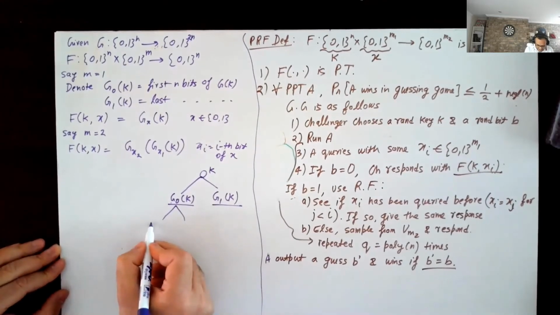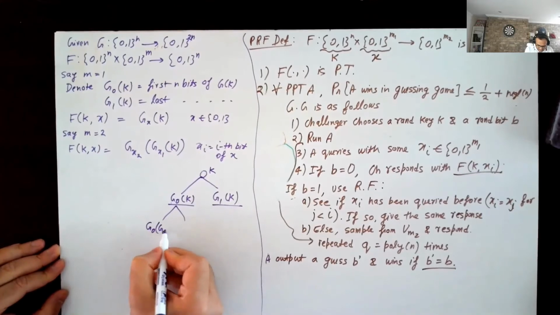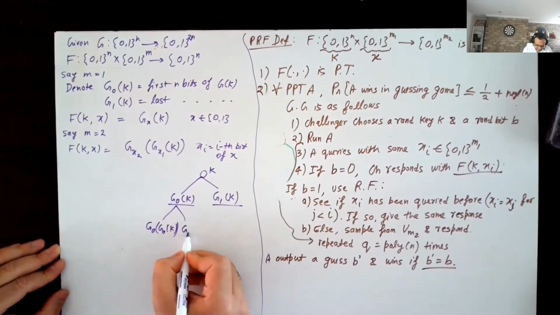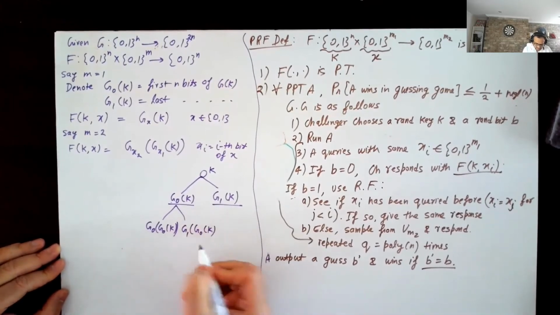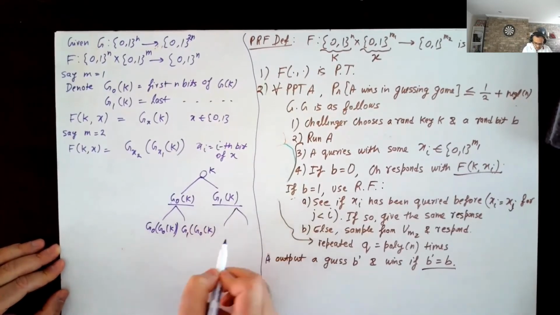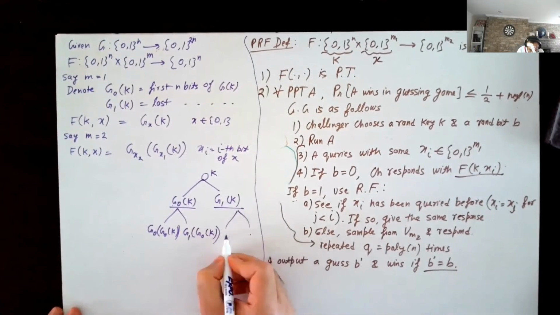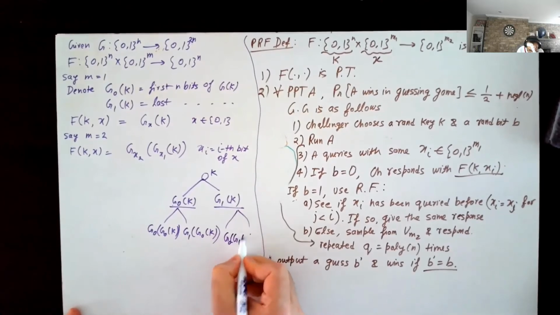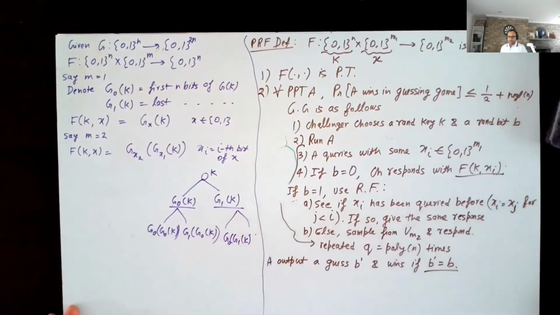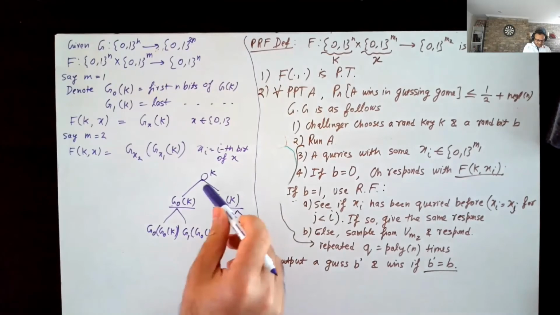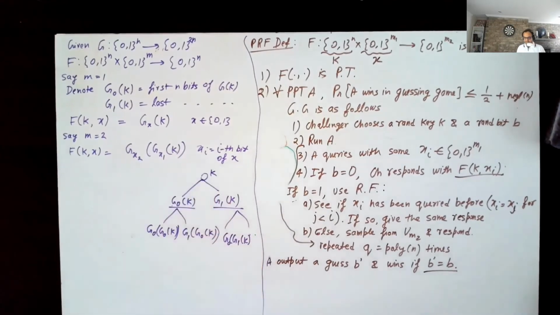So this is G0 of G0 K, this is G1 of G0 K, and then similarly here, this will be G0 of G1 of K, and the last will be G1 of G1 of K. Okay. So you look at your input, and you basically choose a path in the tree. Each input represents a path in the tree.